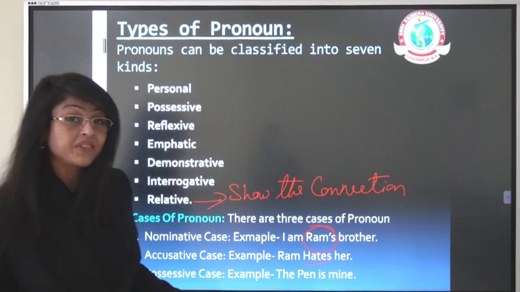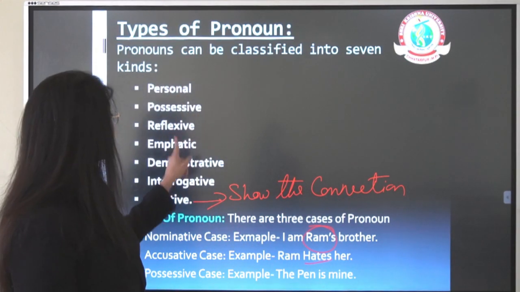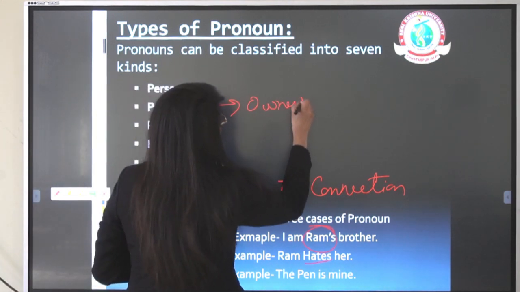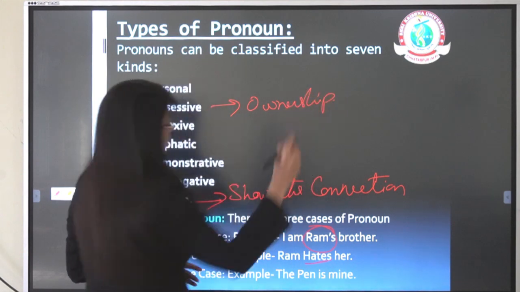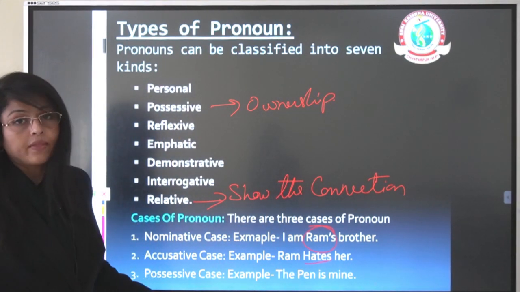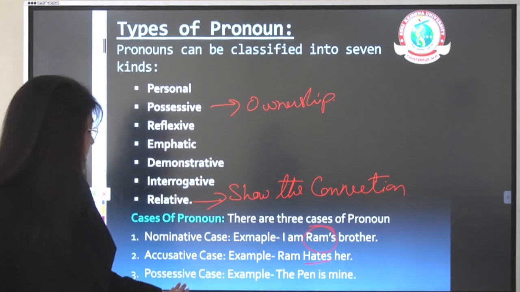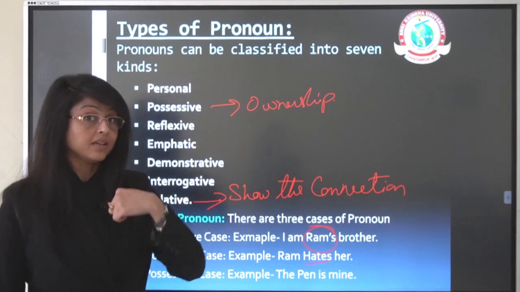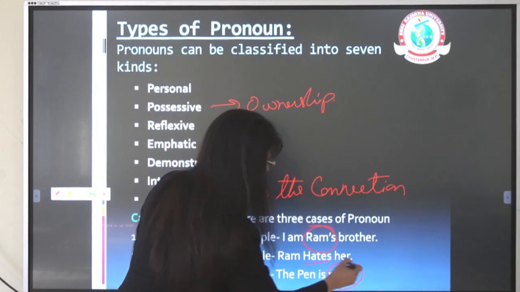Coming on to the possessive cases, as I told you, the word possession means ownership. So just understand the meaning of the word and you will understand the whole concept. Here, possessive case: the pen is mine, mine, right? This is a possessive pronoun.